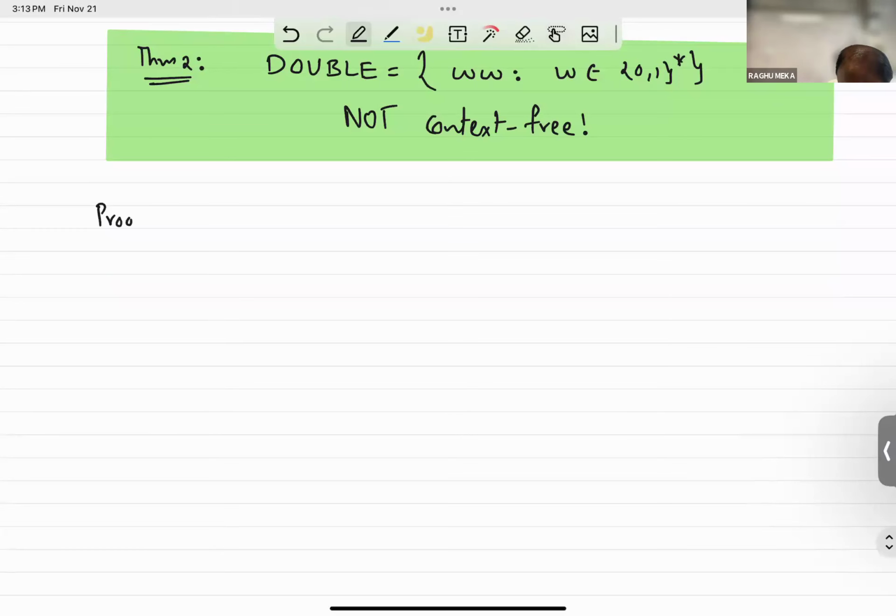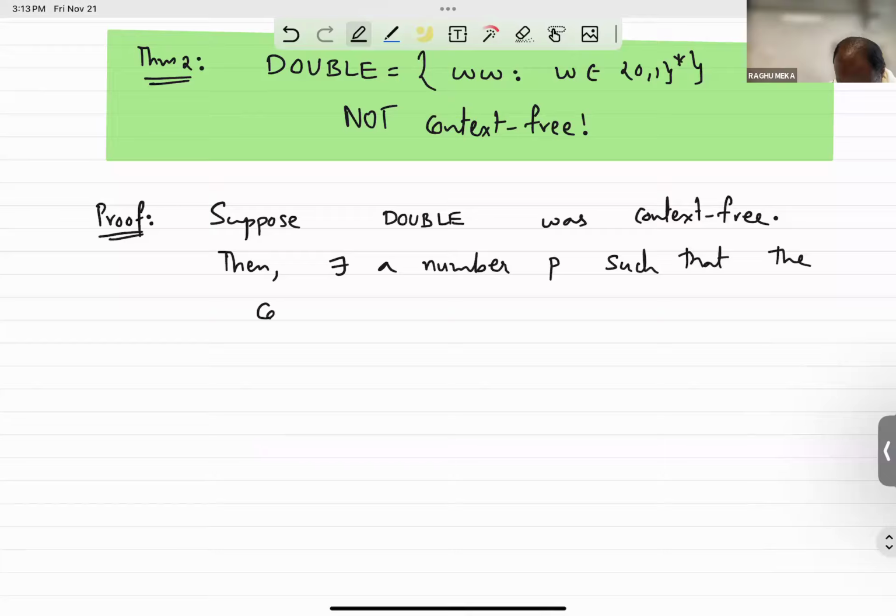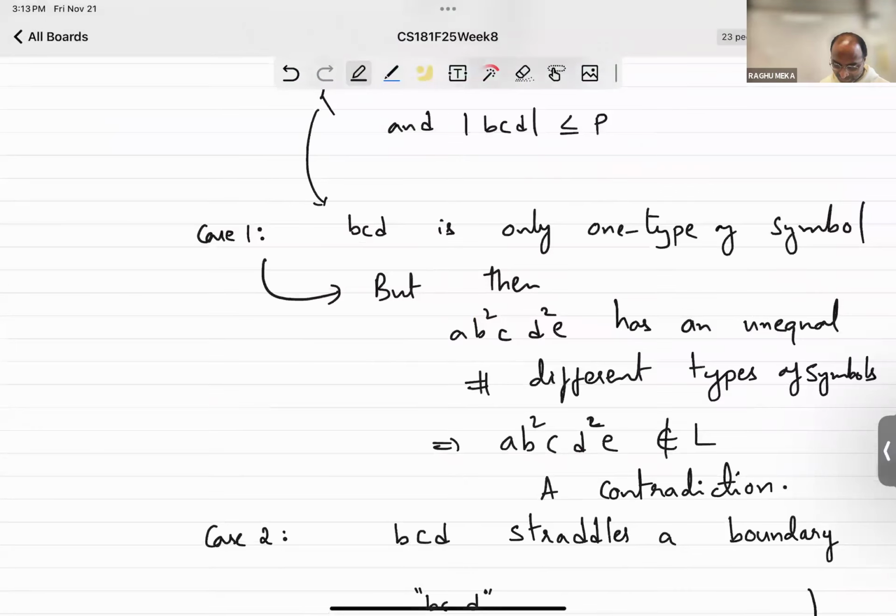So the setup, I'm going to make the setup, do the easy part, and let you do the hard part, which is: suppose double was context free, then there exists a number p such that the conditions of the pumping lemma hold. Okay, so now we have to come up with the challenge string.